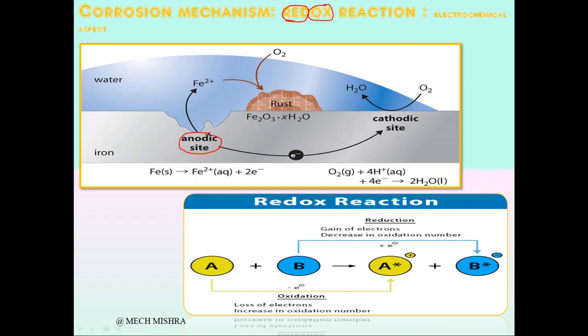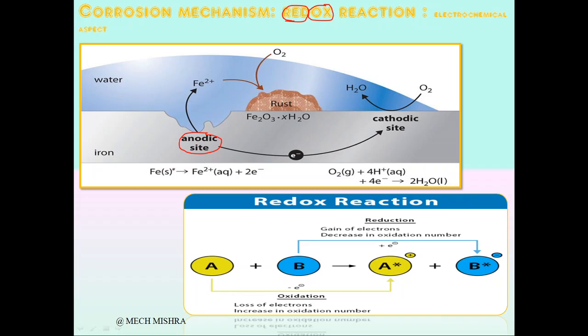There will be small pits on the uniform metal. This may be due to fabrication of that metal, refining of that metal, or rolling or the metal product formation process. So there will always be a cavity which will act as an anodic side, and the plane surface will act as a cathodic side. So at the anodic side what will happen?